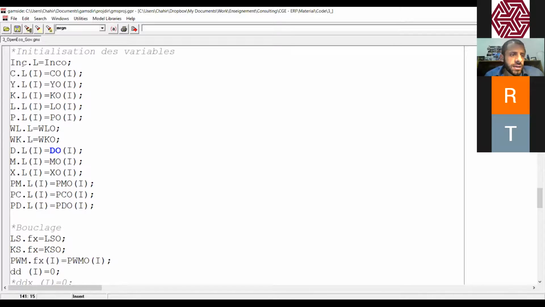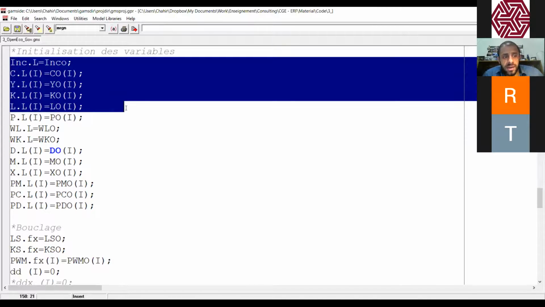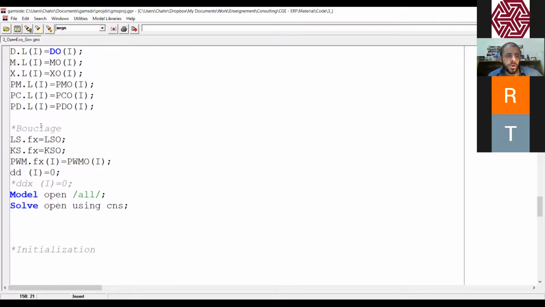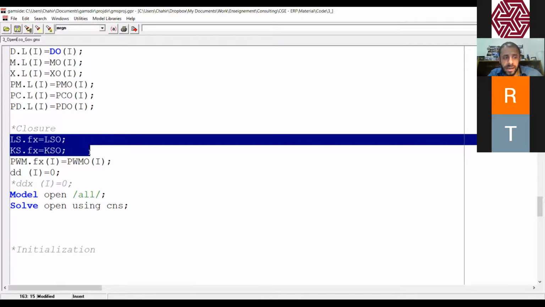So as you can see, the initialization process is very similar to what we have done, but now we have to choose a different set of exogenous variables. Why? Because definitely we have a larger number of equations, a larger number of variables, and consequently we will have to choose a different macroeconomic closure. And here, the macroeconomic closure will be that labor supply and capital supply will be the same.